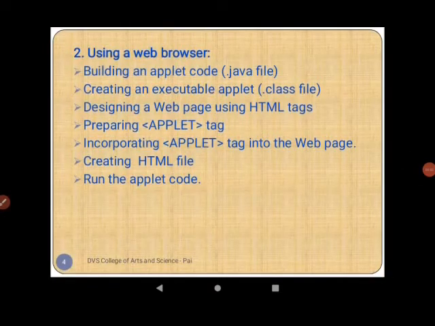Later on, we need to create a web page using HTML tags, that is hypertext markup language. Now we can call the .class file, that is an executable applet, within an HTML web page using an applet tag. Create an HTML file and run the same with the help of a web browser which is Java enabled.